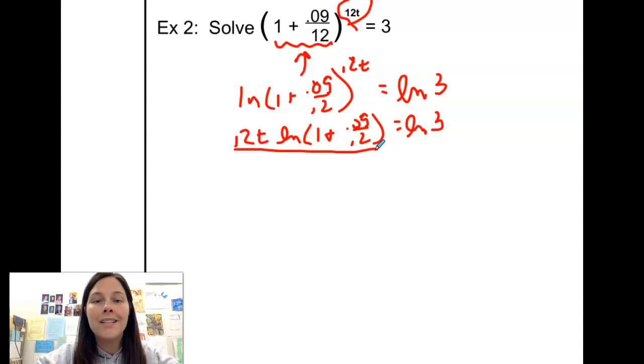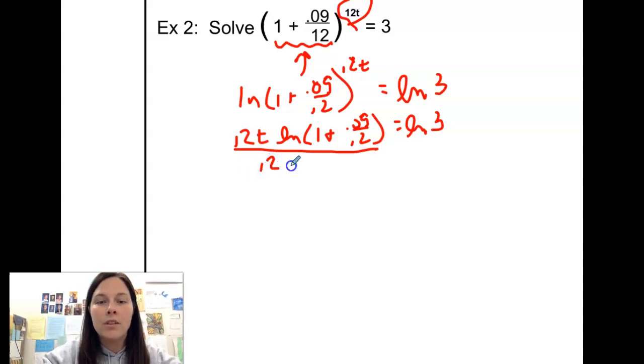We have 12 times t times natural log of 1 plus 0.09 over 12. It's all multiplication. So I'm going to cancel everything that is not my t with division. That is a 12. Sorry, my handwriting is not very pretty to begin with, and on a tablet it's even worse. So golden rule, whatever we do to one side, do the same thing to the other.